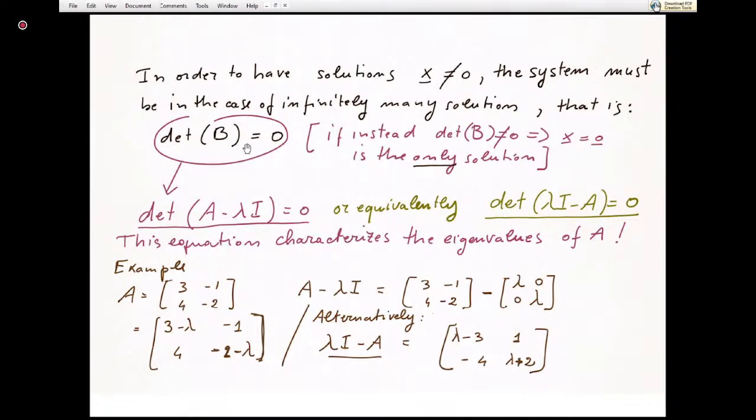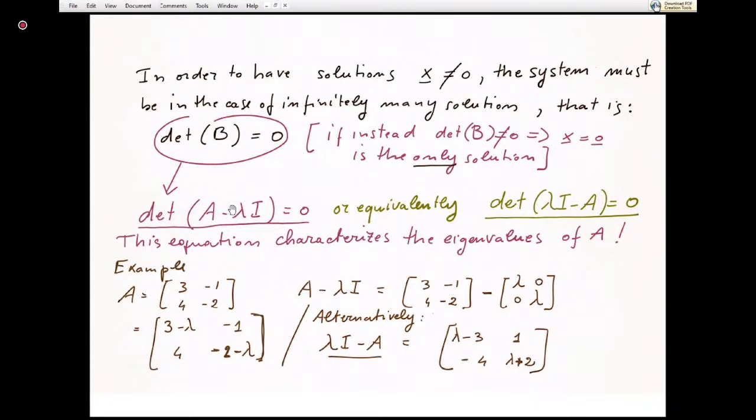That is, determinant of B equal to 0. Remember that B is A minus lambda identity. We must write this equation: determinant of A minus lambda identity equal to 0. Or equivalently, determinant of lambda identity minus A equal to 0.